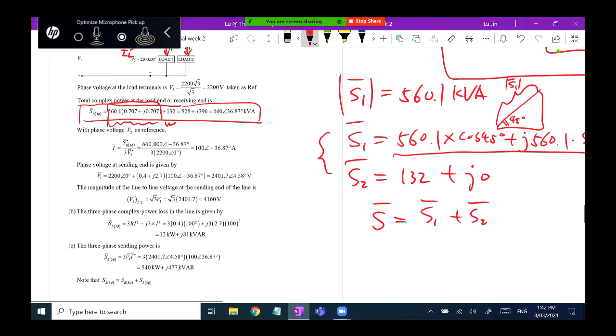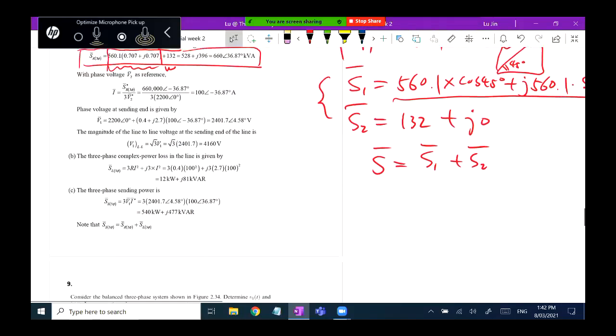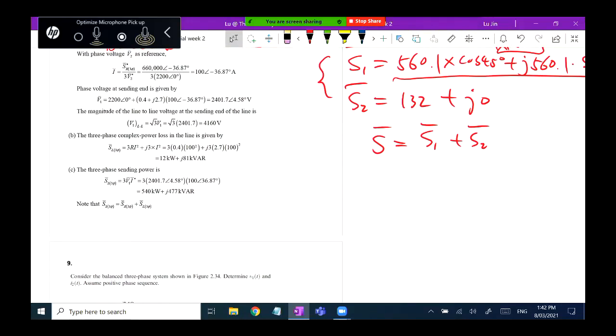After we know the total power consumed by both loads, we are going to use S equals V I conjugate. We know this total complex power, and we know the receiving end voltage, so we can work out the current. This current should be the total current flowing into both load 1 and load 2.